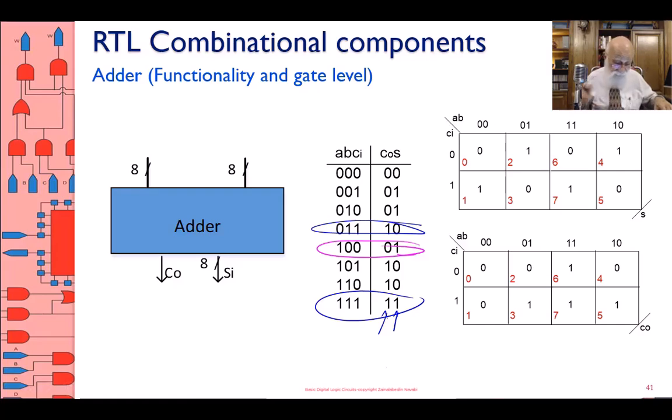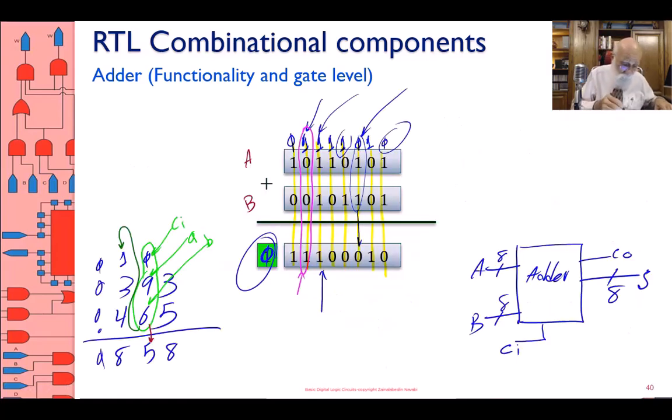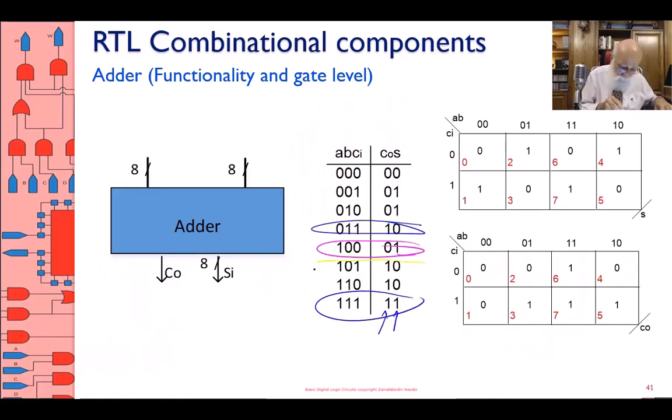I'm not sure if I have it, but let's check. Yeah, I do. 101 is this one over here. The sum is 0 and the carry is 1, and therefore it is 10. So 101 is 10.